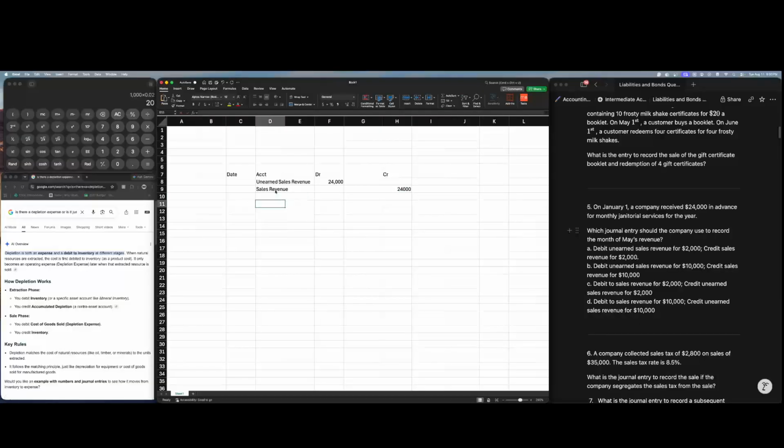And then on the day, that's when they receive the payment. But in the month of the revenue, for example, most likely you'll see sales revenue 2,000, and then it would be credited out of unearned sales revenue.